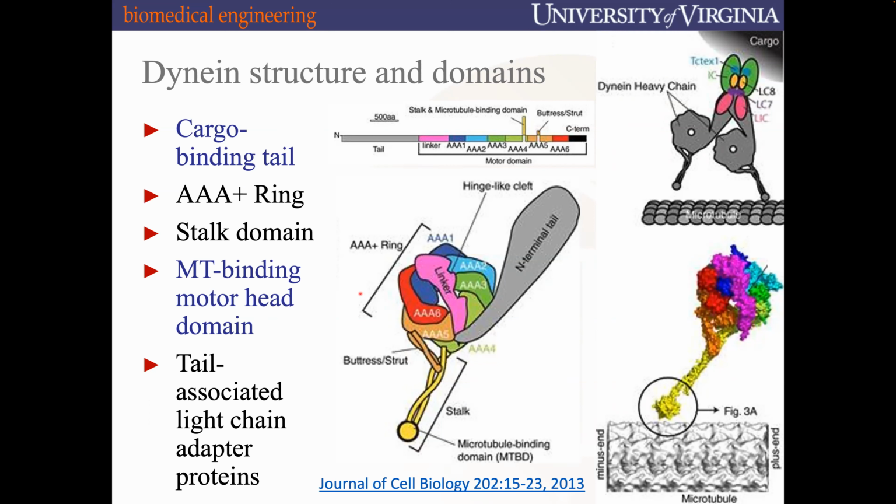And this part of the protein is actually where the ATP is binding and hydrolyzing, and the conformation is changing. And so this makes sense that it would be in the middle, connecting the cargo binding tail and the microtubule binding head. But there's also this stalk region in between that just transmits that force that comes from the ATPase activity.